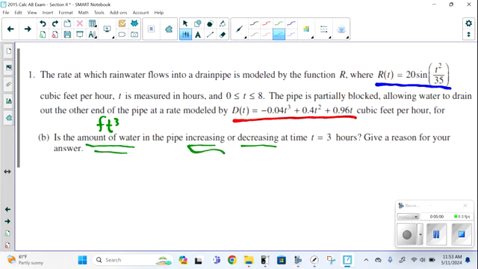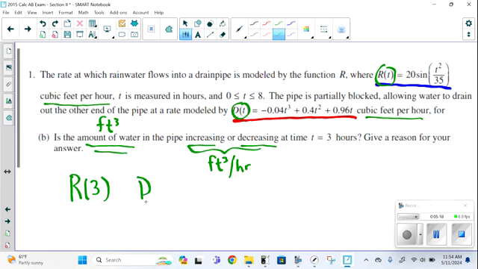These are cubic feet per hour, and that's what r of t and d of t are labeled as. So all I've literally got to do is find r of 3 and find d of 3 and find the difference.